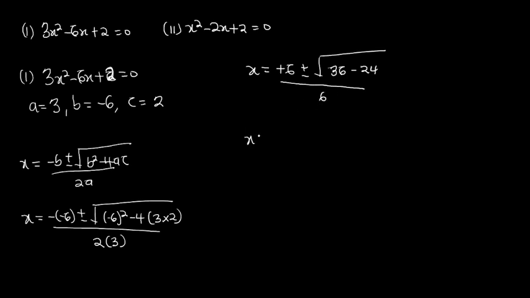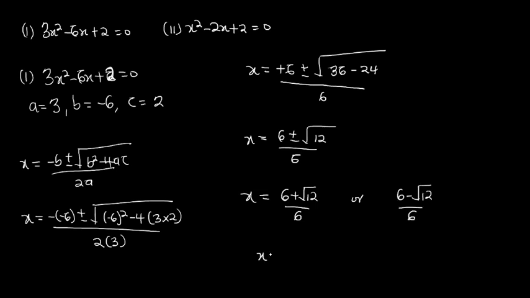So x is now equal to 6 plus or minus the root of 36 minus 24, which gives me 12, all over 6.